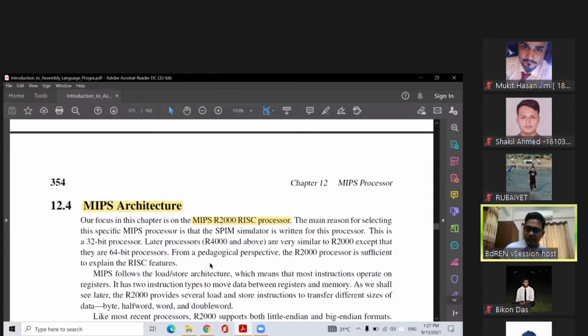Whenever we write code, here we also do the similar thing. We also use a 32-bit processor, but the name is MIPS R2000. Previously we used the Intel Pentium 32-bit processor, which is the CISC type. In the RISC type of processor, we are going to discuss the MIPS R2000 processor. That is the model name.